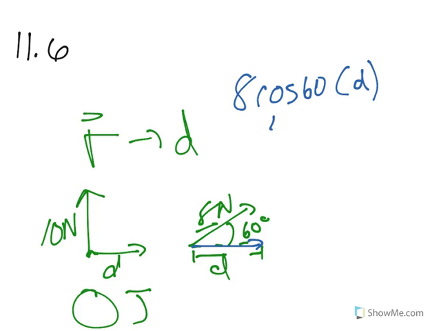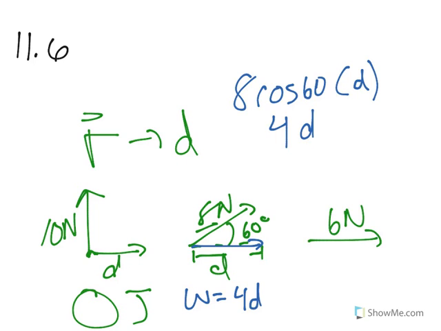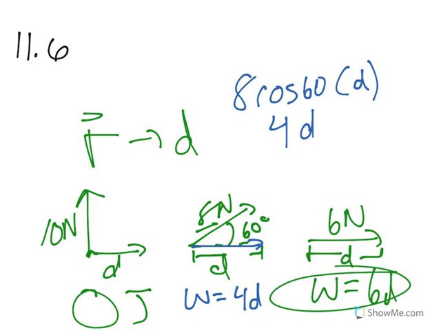And 8 cosine 60 turns out to be 4, times d. So the work done here would be 4d. And then on this one, see, this one's got 6 newtons, but it's directly aligned to the displacement. And so this work would be equal to 6d, meaning that it should be the 6 Newton force. All right, C should be the answer on that one.